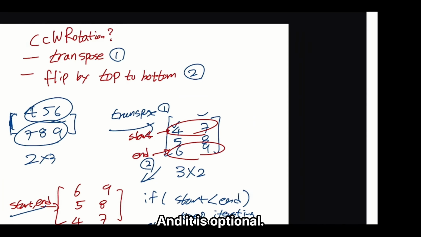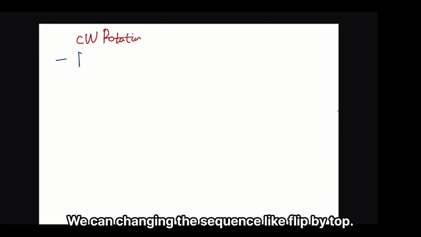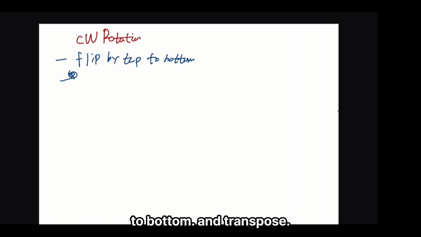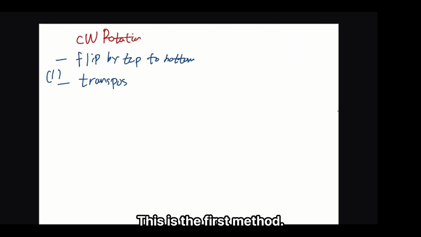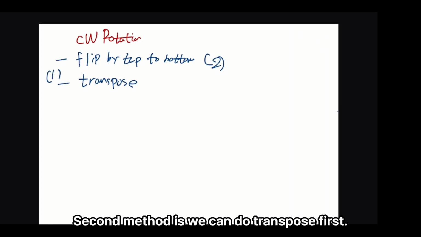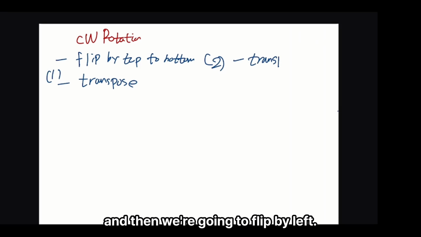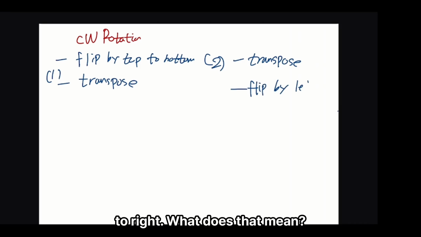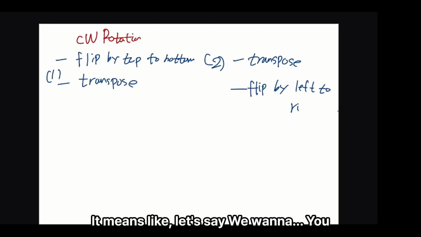Okay, and it is optional: we can also do a clockwise rotation. There are 2 ways. The first method is to change the sequence: flip from top to bottom and then transpose. The second method is to transpose first and then flip from left to right.